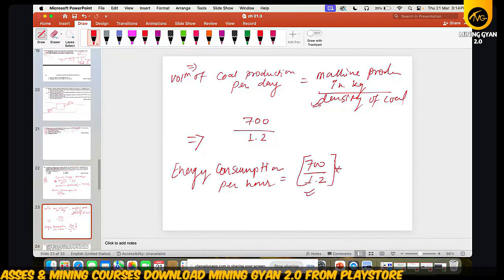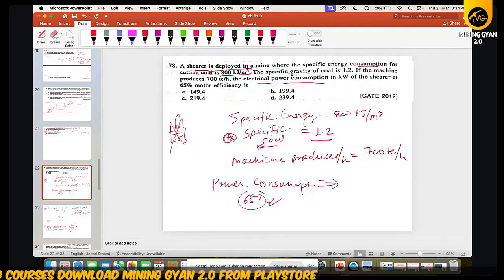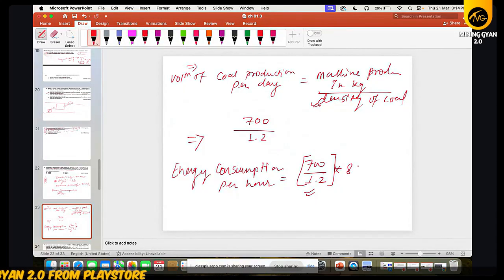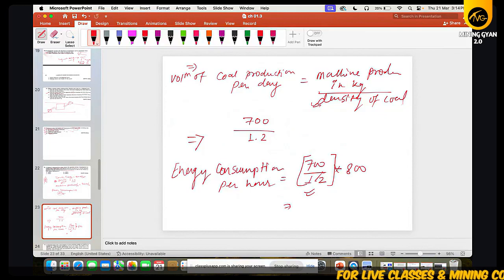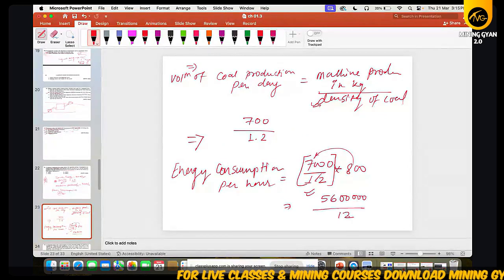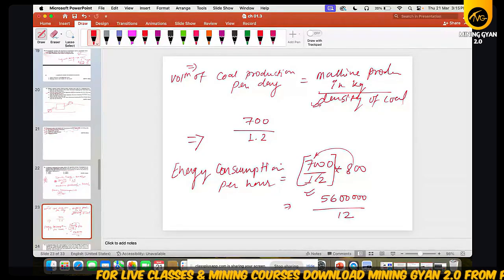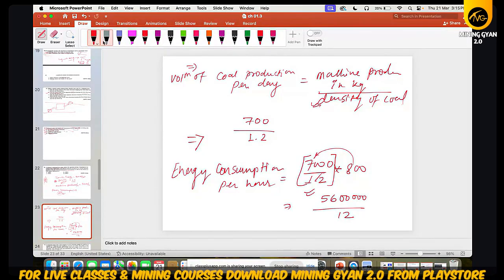Multiply with your specific energy consumption for cutting coal, so multiply with 800. Now you can calculate it easily. 8 7s are 56. So 56,0,000 by 12. If they told you this is per hour, this will be the per hour value.